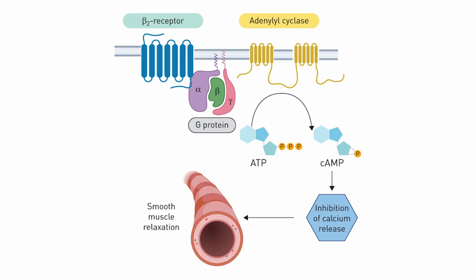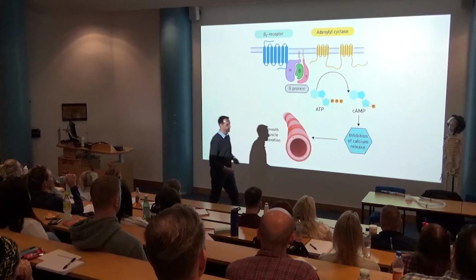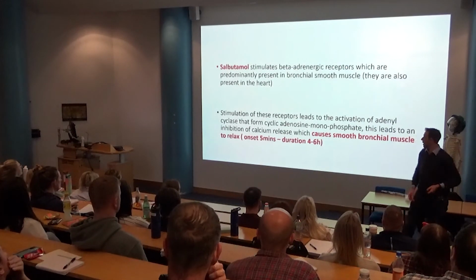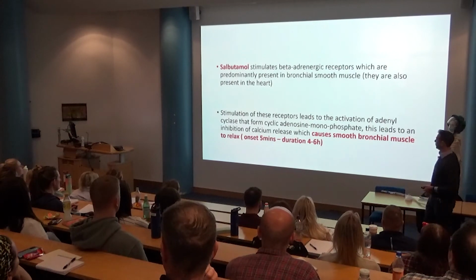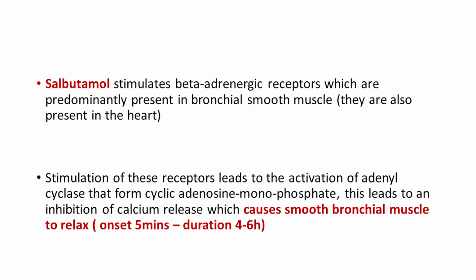And there's an inhibition of calcium release, and that causes smooth muscle relaxation, okay? This links in nicely to both last week and next week. So the onset: salbutamol onset is about 5 minutes, and the duration in my system about 4 to 6 hours.